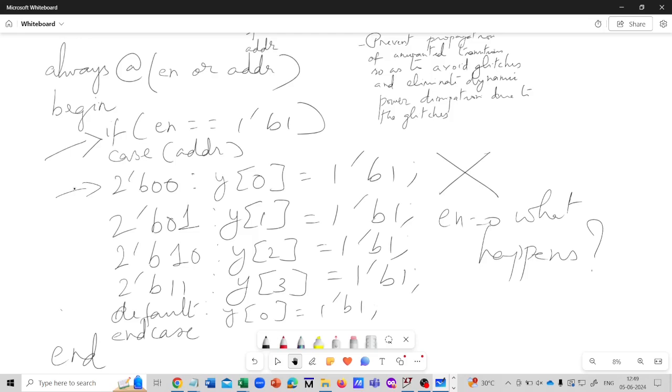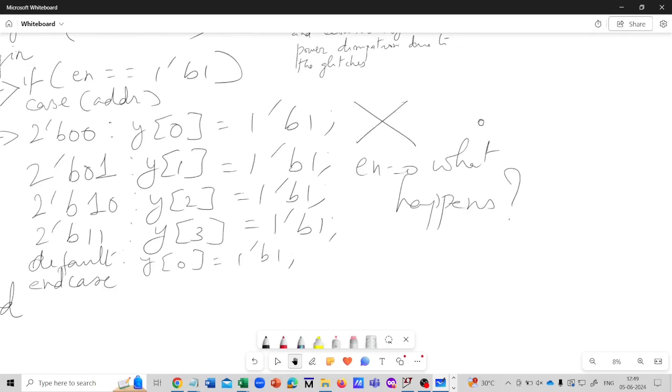But what about y1? What about y2? What about y3? None of these signals are specified here. So to sum up, in this code, there are unspecified branches.